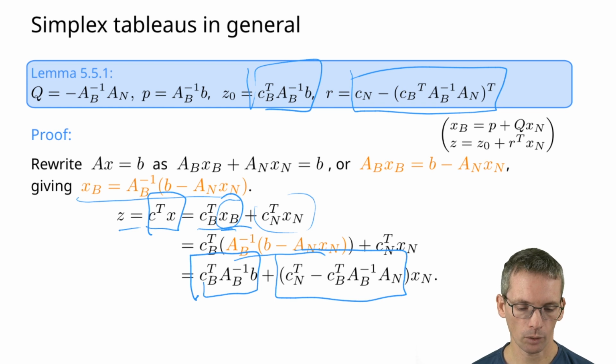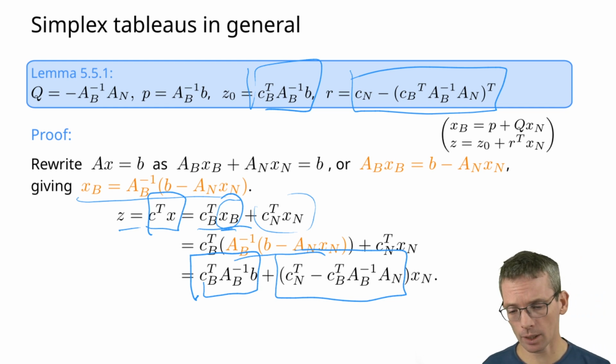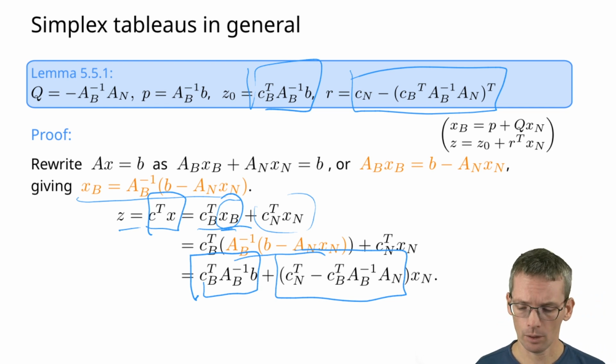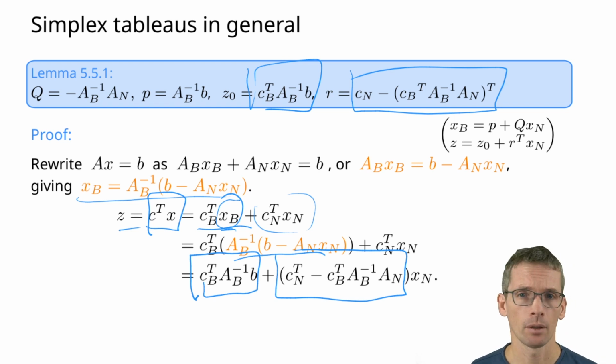Oh, this is r transposed, so if you transpose it, you get r. And this proves the lemma. But the important message here simply is, given the LP and the basis, we can compute all of those values.